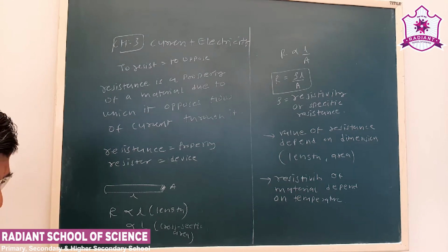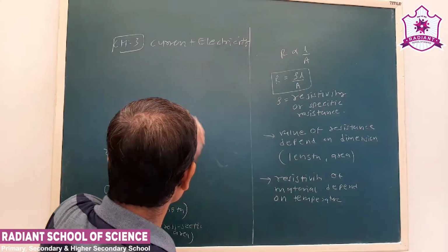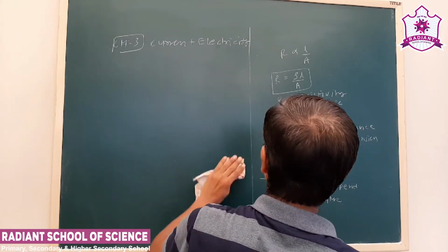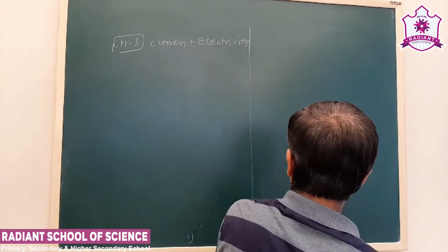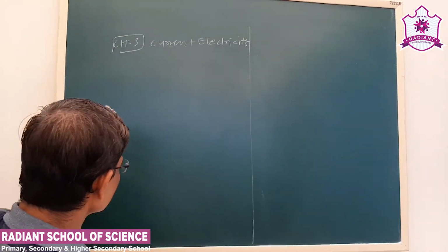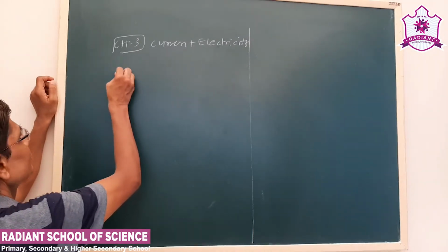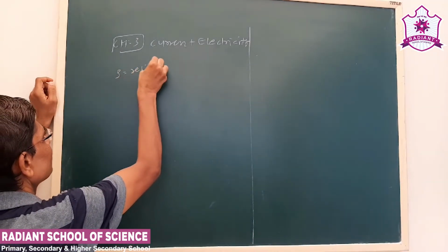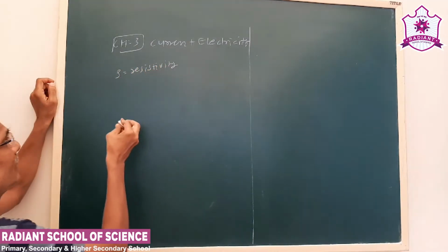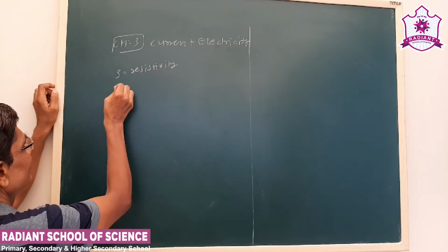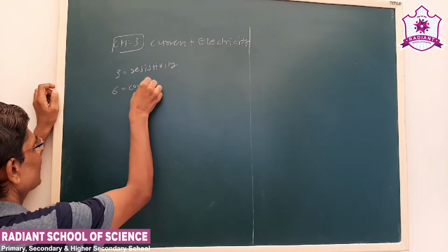Now next we have to see the vector form of Ohm's law. See, this can be asked in a 2 marks question. Okay, now just now I talked of resistivity. Rho is resistivity. See, the reciprocal of resistivity is sigma, is conductivity.